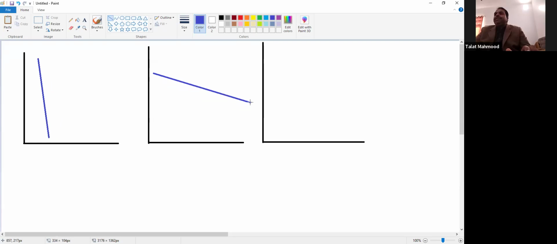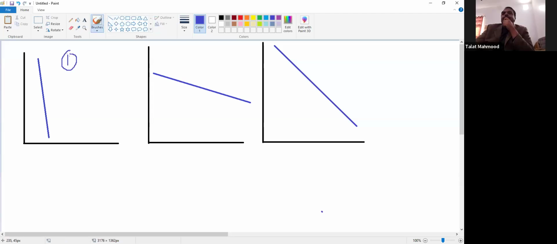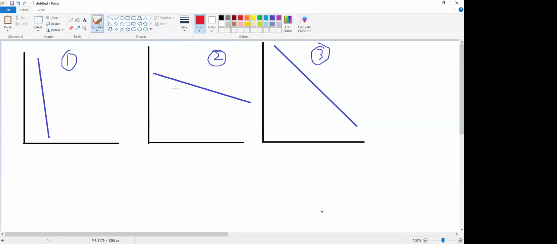So these are three demand curves. You have to tell me which one has elasticity greater than 1, which is less than 1, and which is equal to 1. Talking about this first one, the first one is less than 1.